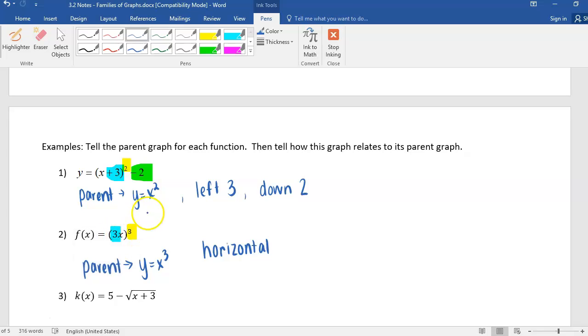And numbers bigger than 1 cause the graph to compress because it's backwards. So horizontal compression by a factor of, and when we're talking about the factor here, everything on the inside of the parentheses has got to be backwards, so it's 1/3.